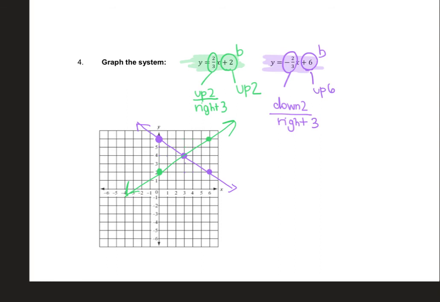But really what we're looking for is that common intersection point, that ordered pair answer, that X comma Y. And that X comma Y here is 1, 2, 3, 4. So 3, 4. And we're done.